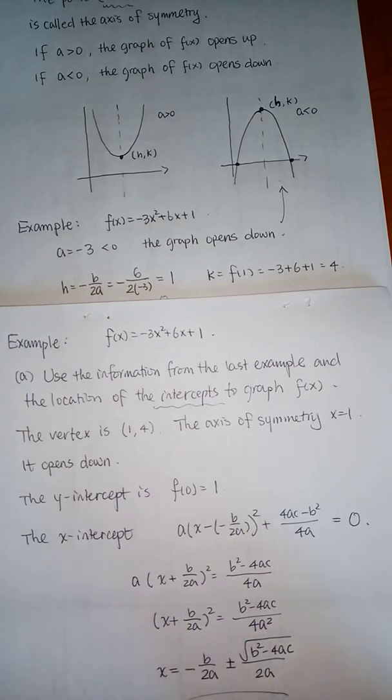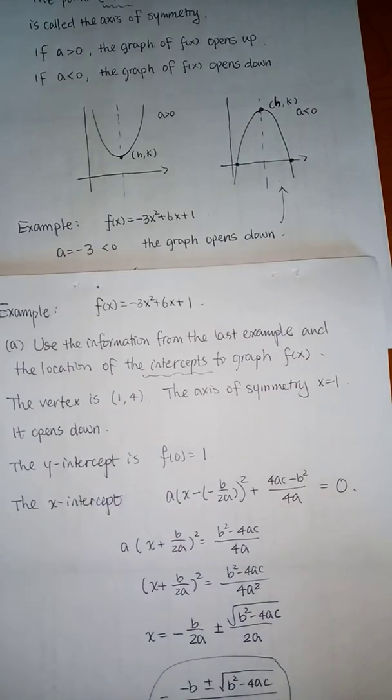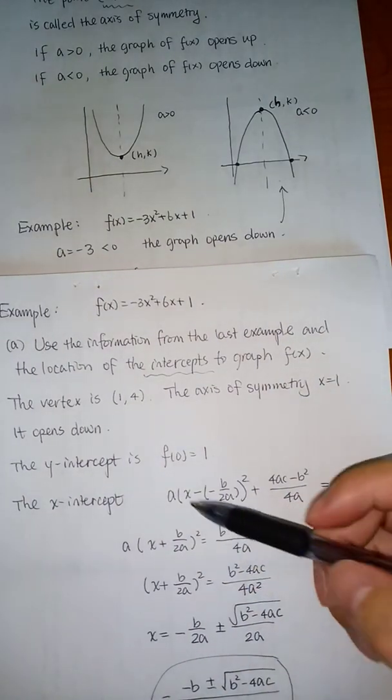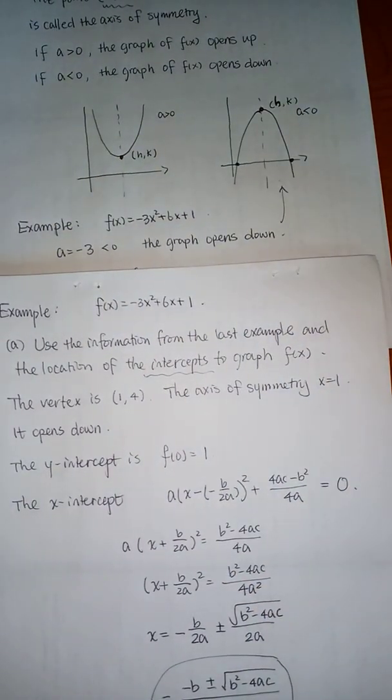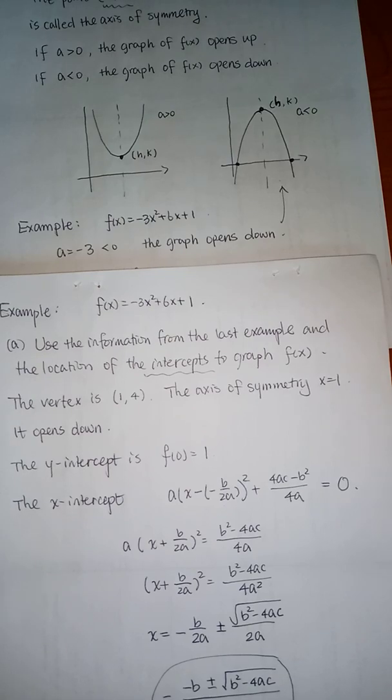This formula is called the quadratic formula, and it is used to find the x-intercept when it makes sense.